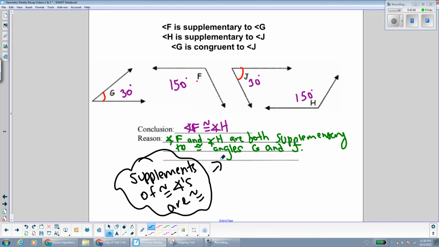So what this means in this situation is that since angle F and angle H were both supplementary to congruent angles, G and J were congruent, angle F and angle H had to be congruent to each other since they both needed to be the same value to equal 180 with G and J. Instead of writing out that whole thing, we can just say supplements of congruent angles are also congruent.